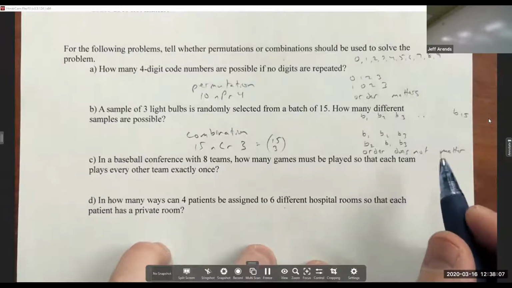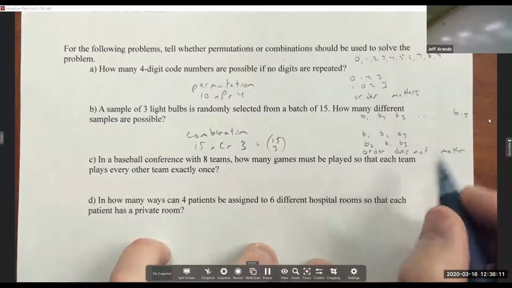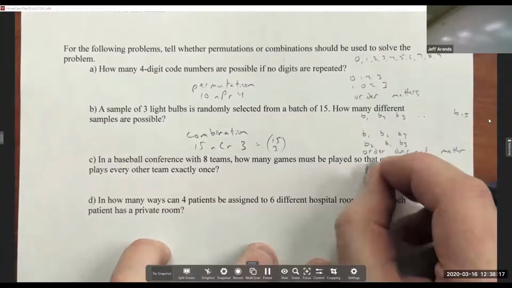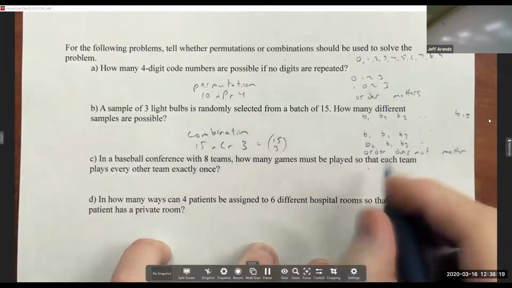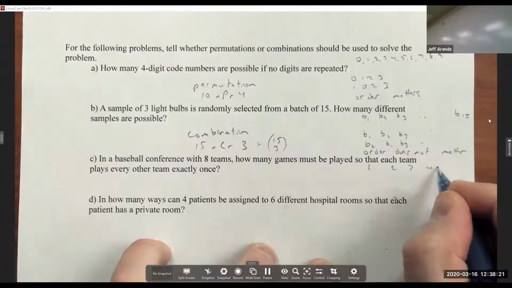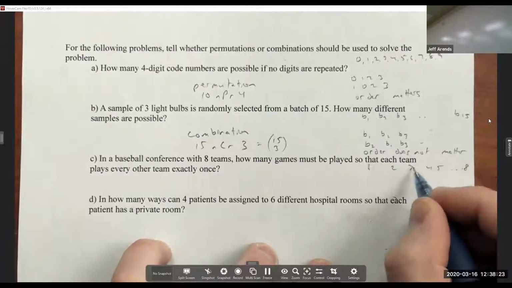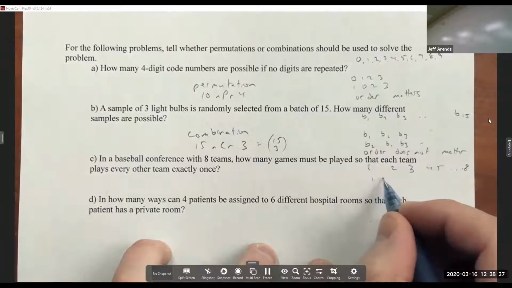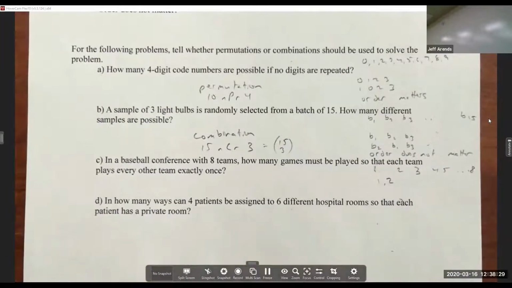But if we're thinking about this, we have 8 teams. Let's call them 1 through 8: 1, 2, 3, 4, 5, all the way up through 8. A game would typically constitute 2 teams, so maybe teams 1 and 2.